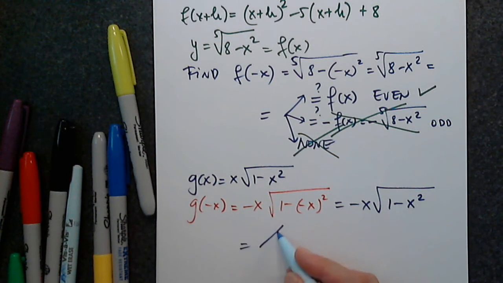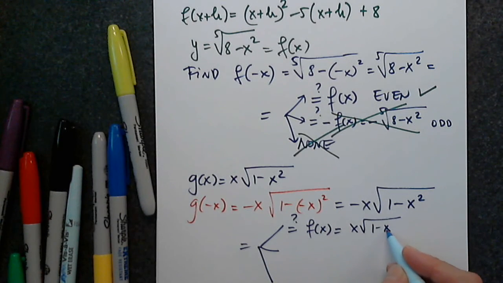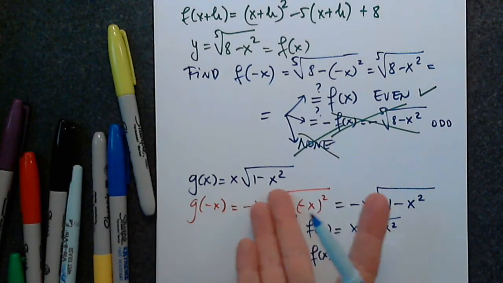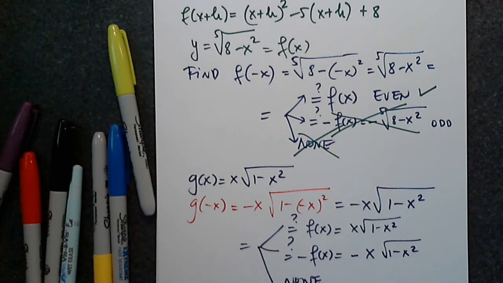So only now I have 3 questions, right? Does this equal the original function, which is x times the square root of 1 minus x squared? Does this equal the opposite of f of x, which is, if this is the function, the opposite will be negative x times the square root of 1 minus x squared, or none of the above? There is only one yes answer and 2 no answers.